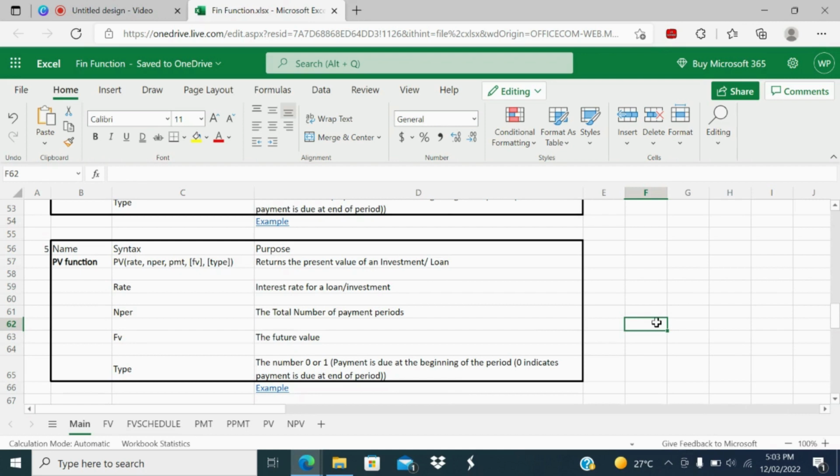So the future value function gives the future value based on the present value. Now the present value function returns the present value of an investment. Okay, same syntax here: rate, NPR, PMT, and future value. And we'll see this function with an example.